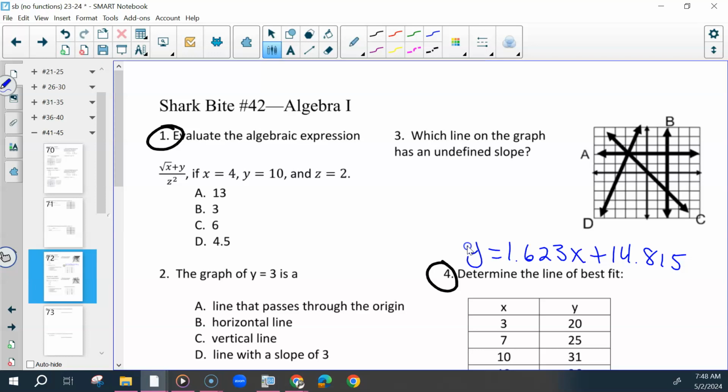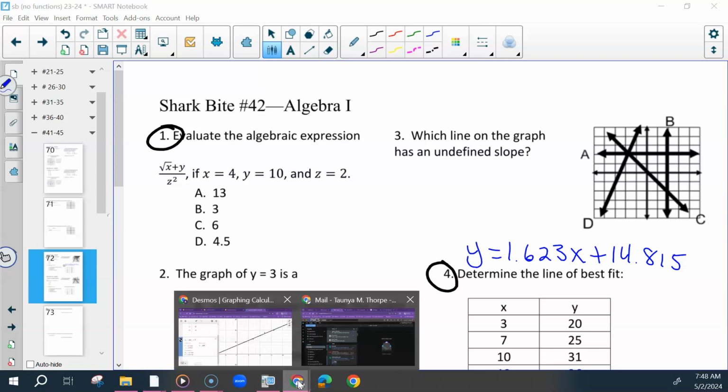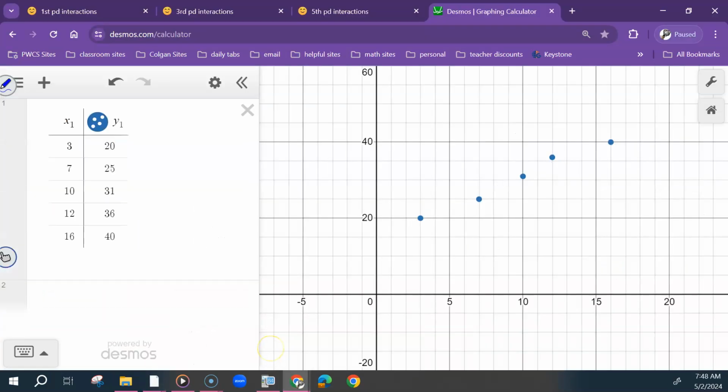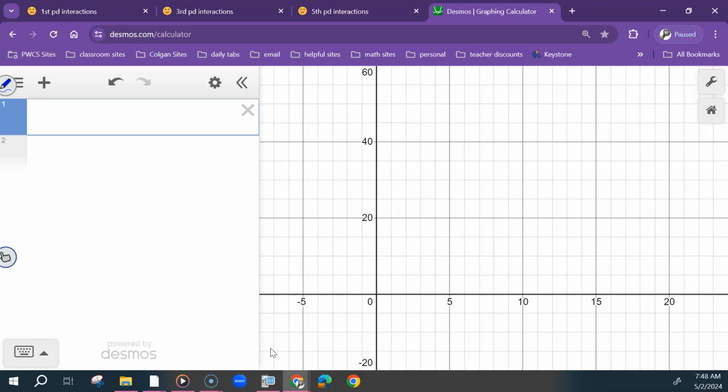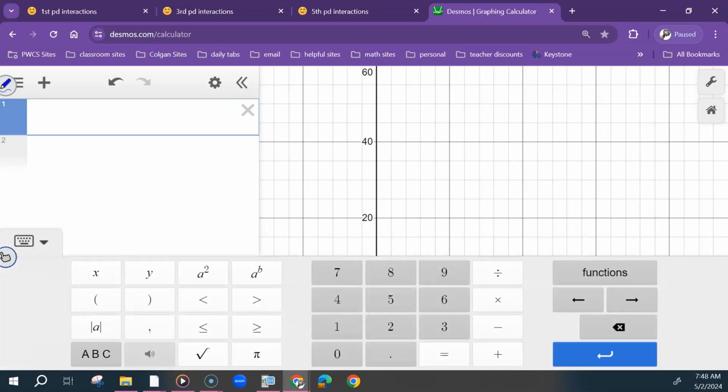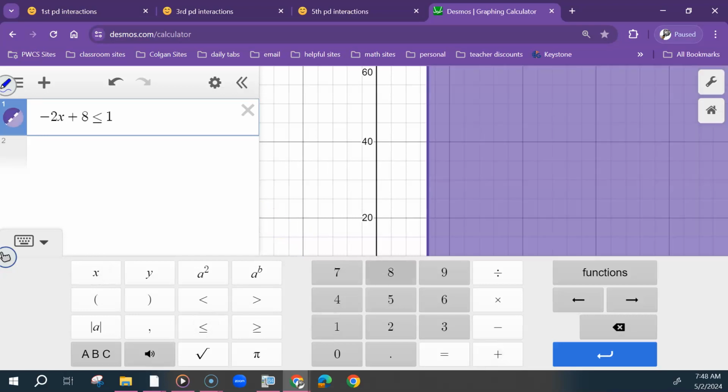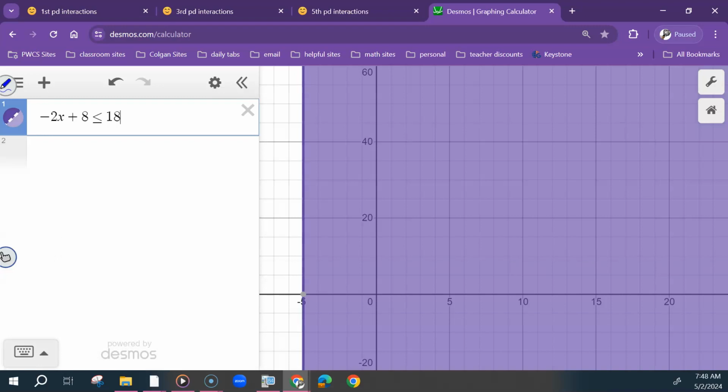Questions on that one? Number 5 can also be done in Desmos. If I type this in as is, it's going to graph this for me, give me a vertical line.